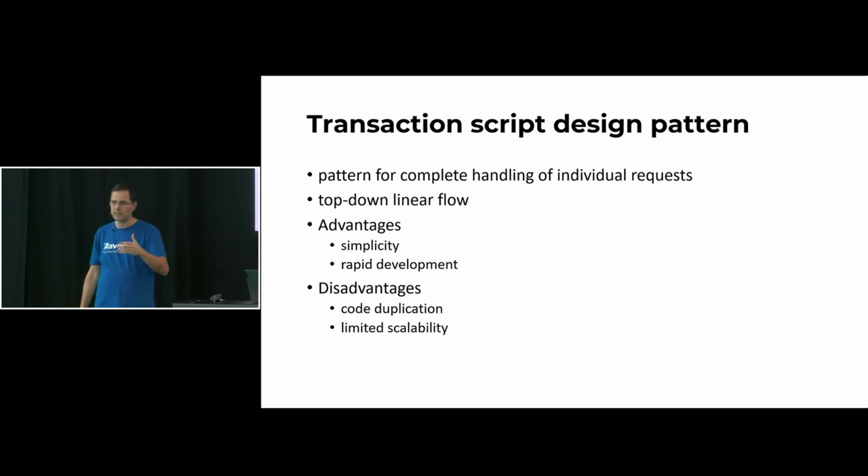That would be the simplest possible programming pattern, something we learn when we start learning programming. And this is simple, and you can write it fast, but of course this is limited in scalability, with lots of code duplication, so this is simple and cheap, but it's not suitable for big projects.